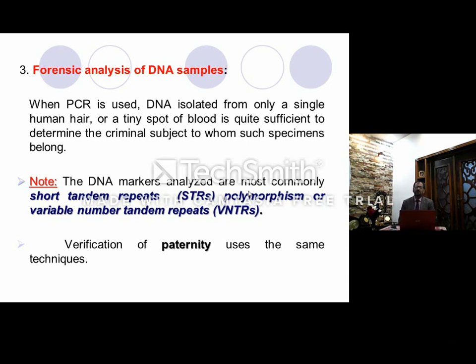For example, we have AG, and this will be repeated 5 to 50 times in different people. And this pattern of repetition never repeats in another subject. So by analyzing the piece of hair or the blood of the suspected criminal subject, we can say whether this DNA belongs to that person or not. Also on this basis, we can use DNA for paternity testing.